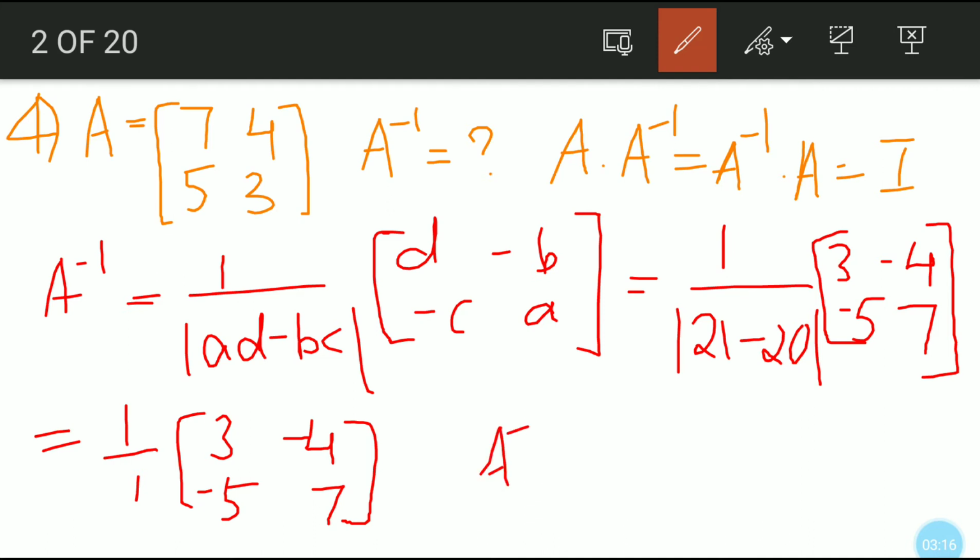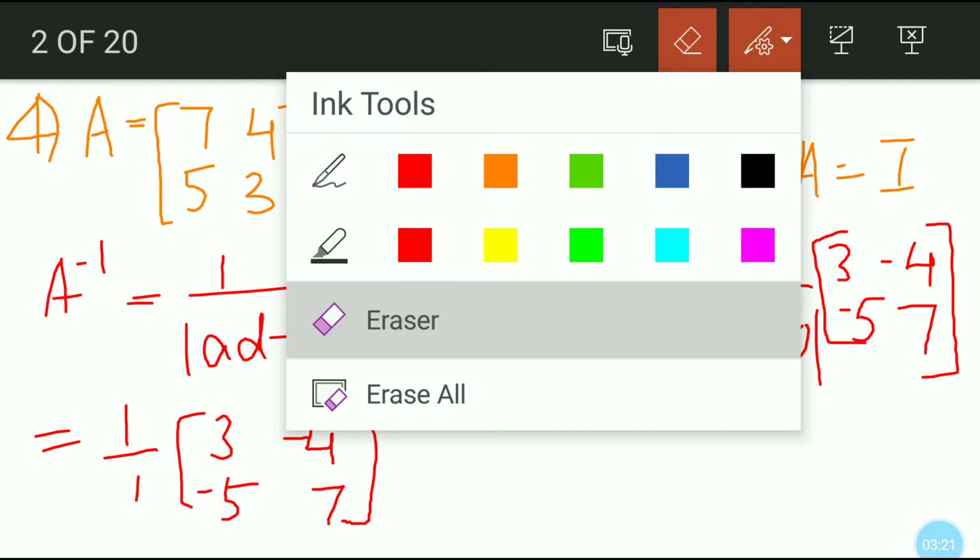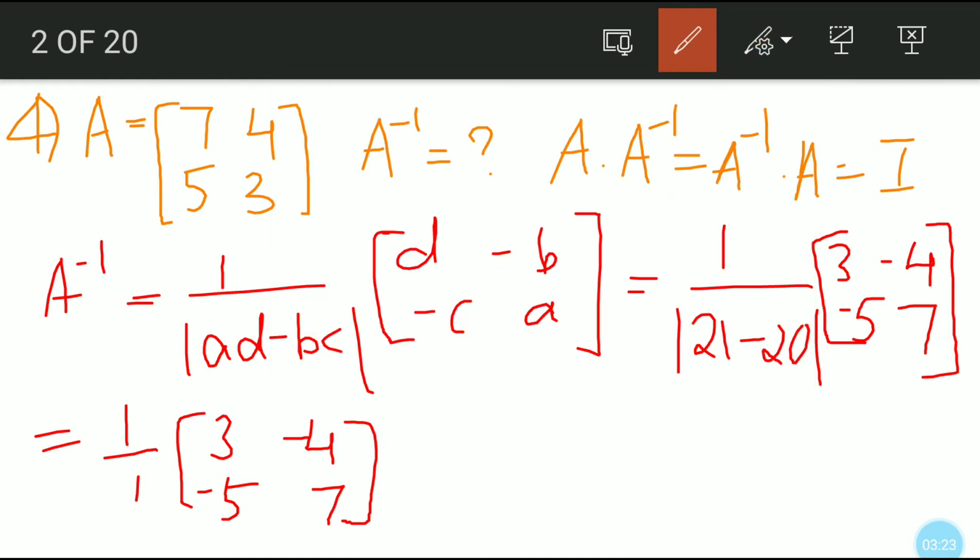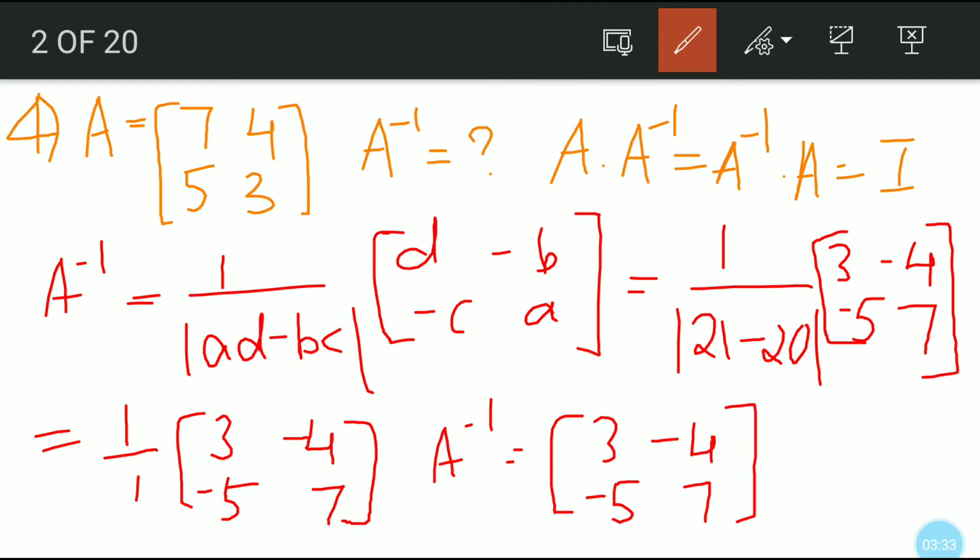So the A inverse value is going to be [3, minus 4; minus 5, 7]. Okay, now we found the first step, that is A inverse. Now we have to find A into A inverse, that is equal to A inverse into A, that is equal to I. This one now we will solve in the next sheet.